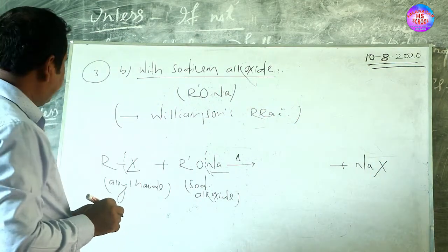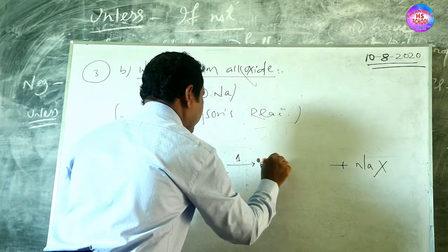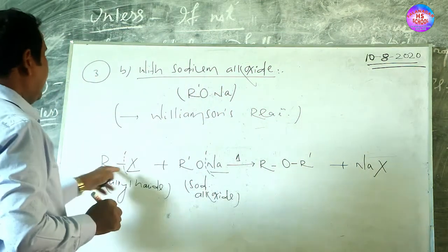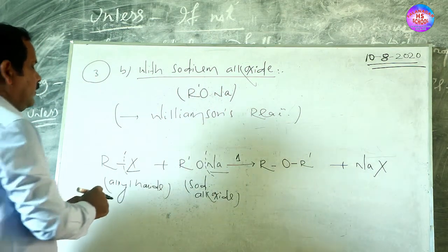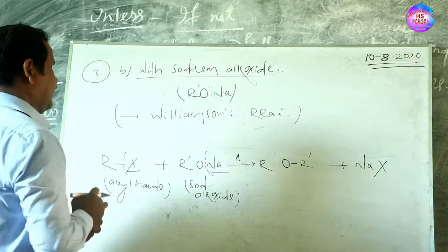The other part will be R, bond O, bond R dash: R O R dash. For simplicity, we may also reverse it.